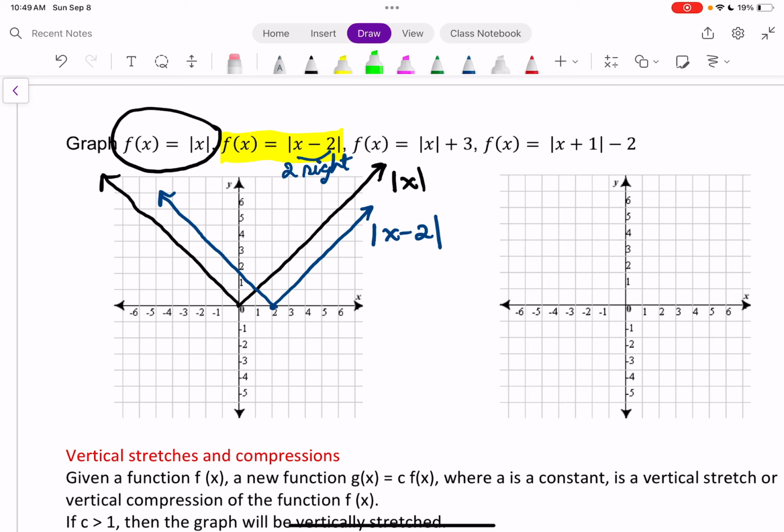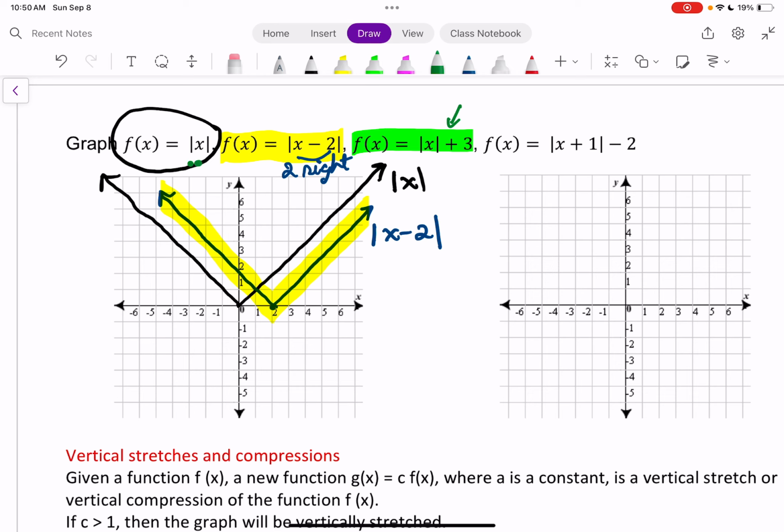Let's try this next one. I'm also going to graph it on the same coordinate system, x, the absolute value of x plus 3. So what's the difference here? Again, as you see, I'm adding 3 to the absolute value, so to the y's from before.